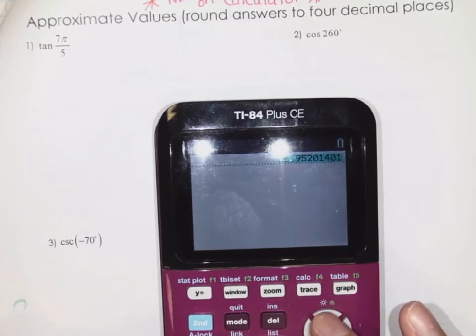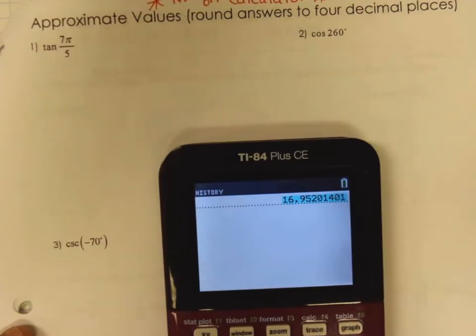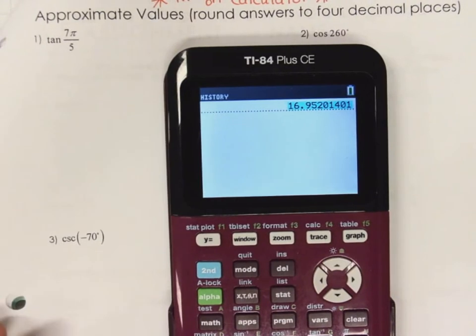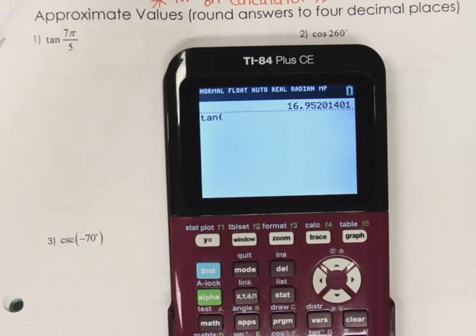I'm trying to increase my display brightness. Doesn't seem to work. Okay, I'll get out from under those lights. Oh, there we go. That's better. All right, so we're going to do it. I don't know which way your calculator goes, whether you have to put in the angle first and then hit the trig function, or hit the trig function first, like my calculator.